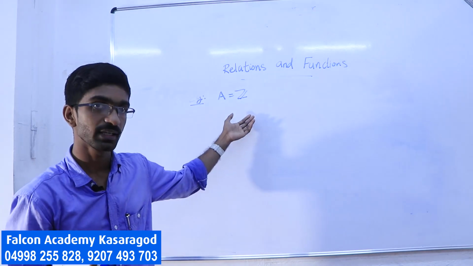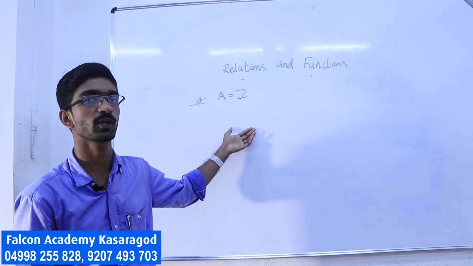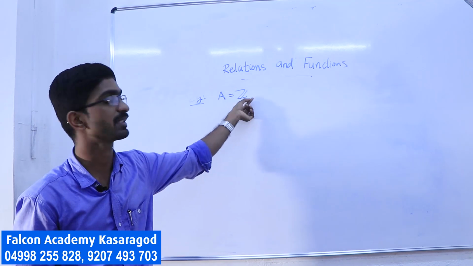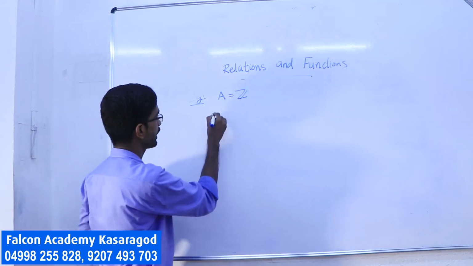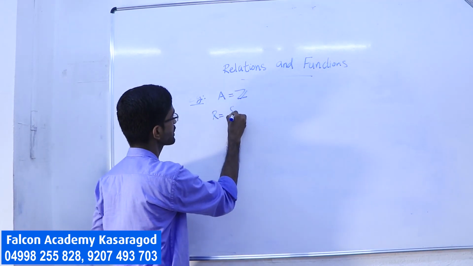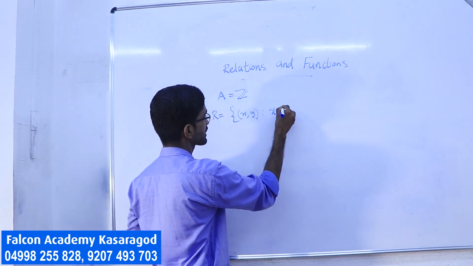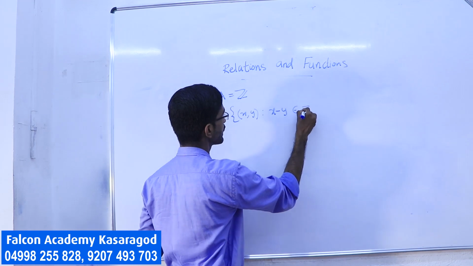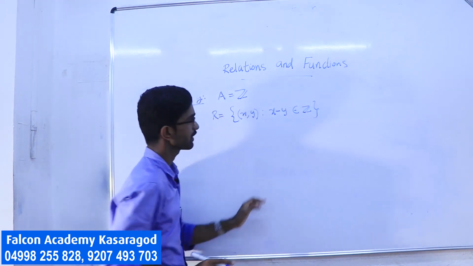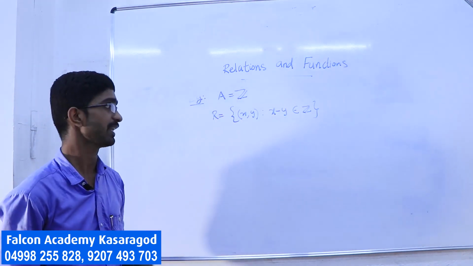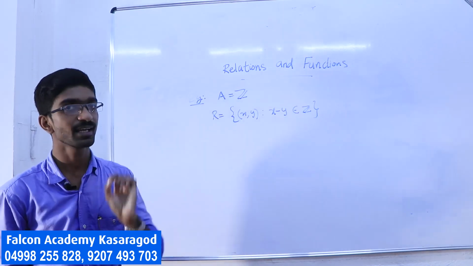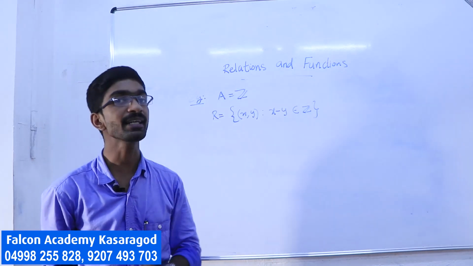So, integers contain positive naturals, negative numbers and 0. Now, I can define R as the set of all (x, y) such that x minus y is an integer, where x and y are from the set A. Now check whether R is reflexive, symmetric and transitive.